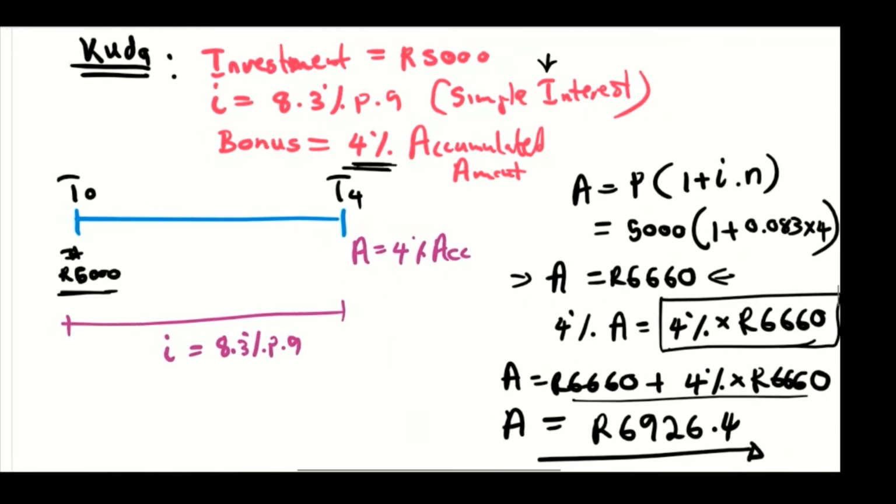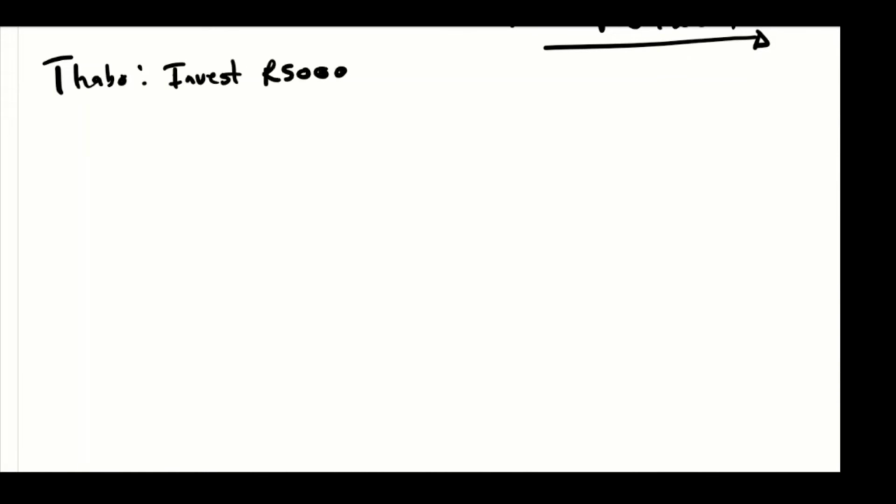So for Thabo, he also invests an amount of 5,000 Rand at an interest rate of 8.1% compounded monthly for a period of 4 years.